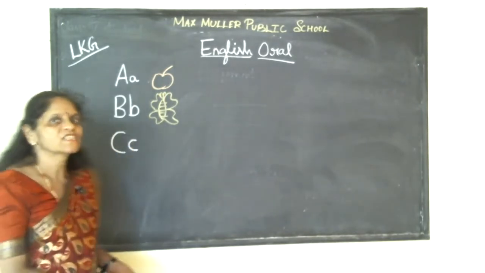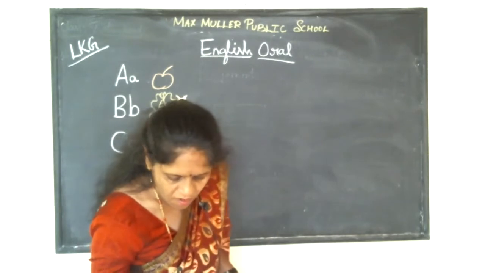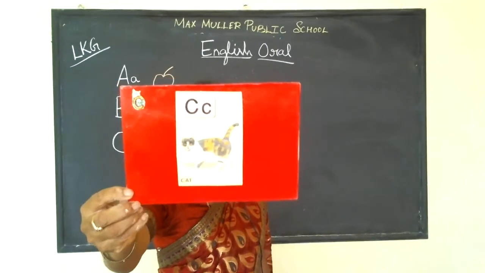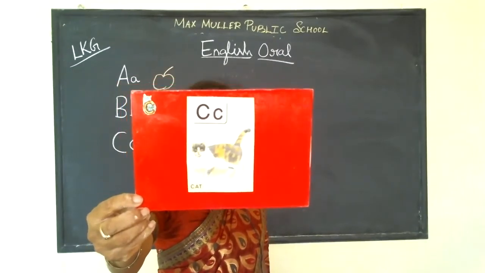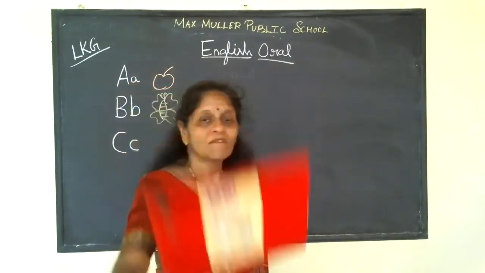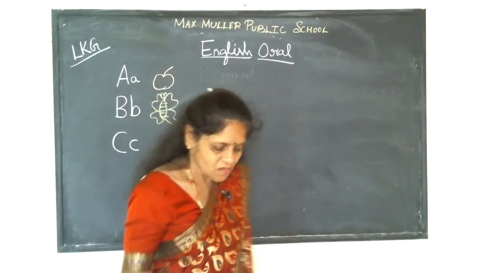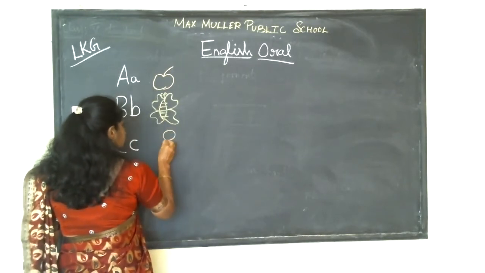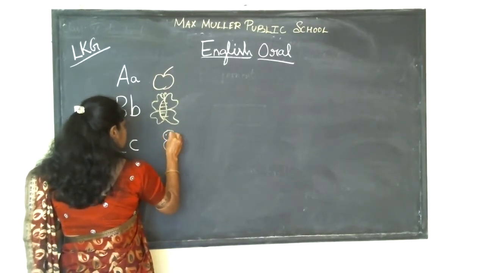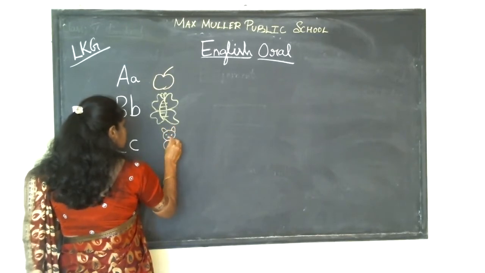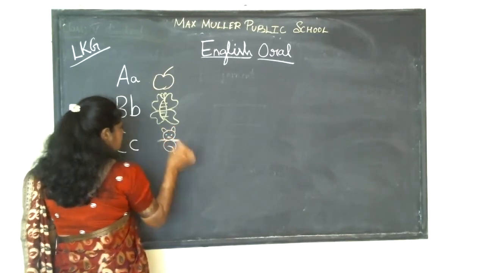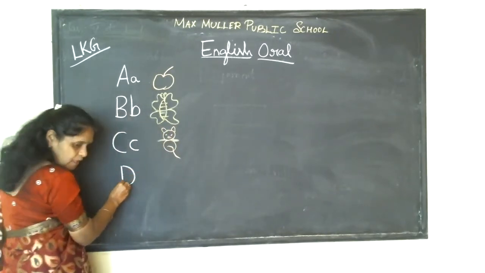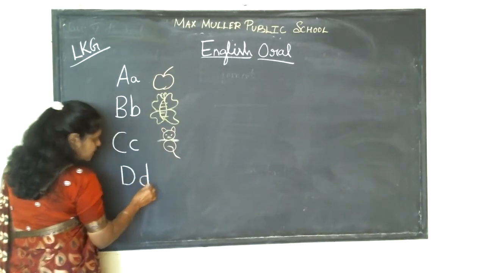Capital C, small c. C for, which picture is this? Cat. C for cat. Meow. What does it sound? Meow. So C for cat. Next, capital D, small d.